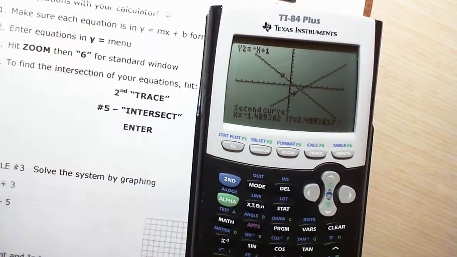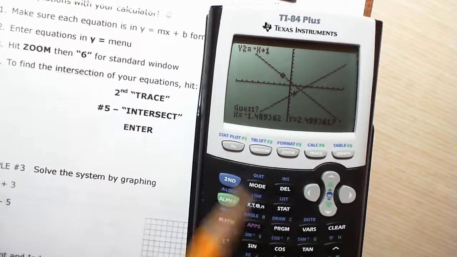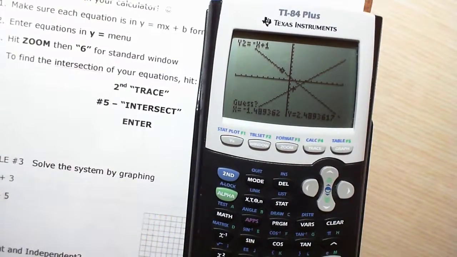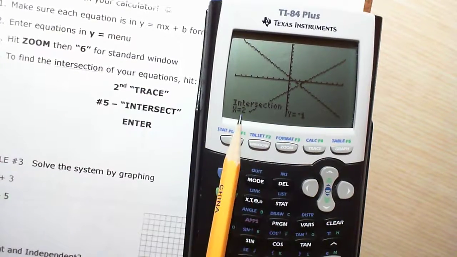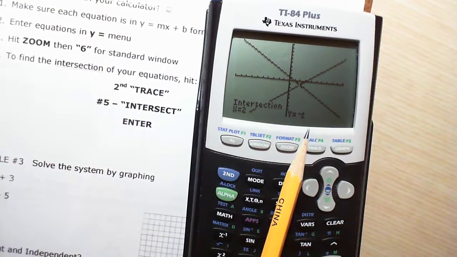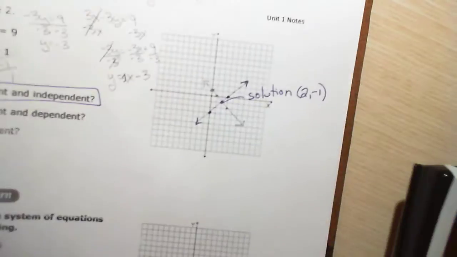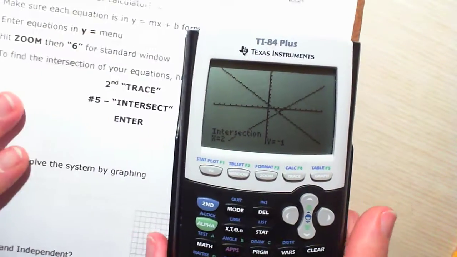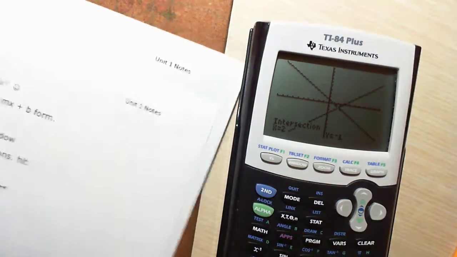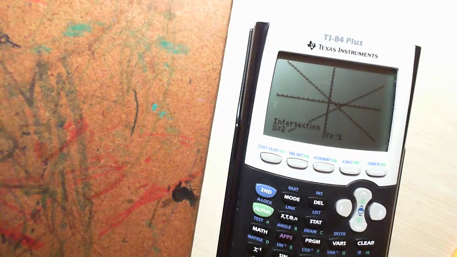So then I want to say, yep, that's the other line, and I hit enter. And then it says, would you like me to guess? And you hit enter again. And it tells you the intersection is at 2, negative 1. And that's exactly what we found when we graphed them. So that's how you use the calculator to find the intersection. Okay, that's all the examples for 1-1.